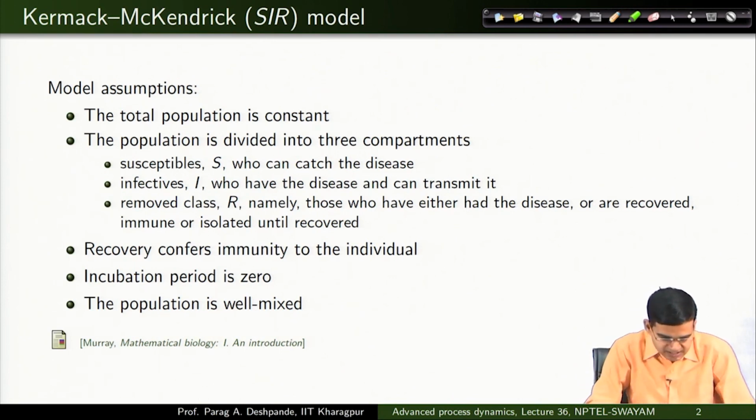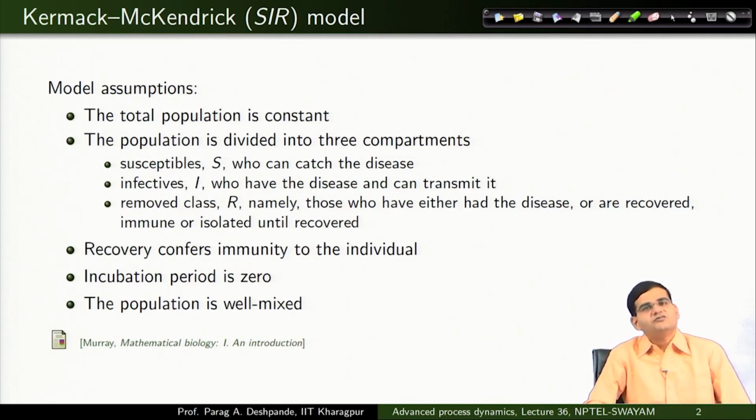Now, the next assumption is that recovery confers immunity to the individual. In case of COVID-19, for example, you must have heard that once the person recovers, at least for some period of time after recovery, he is no more susceptible to contracting the infection again. So, once you recover, there is no path from R to S again.